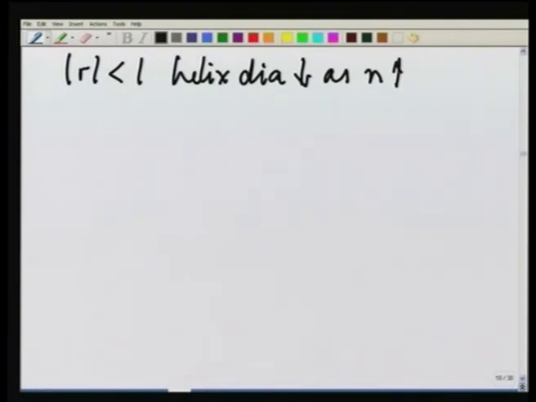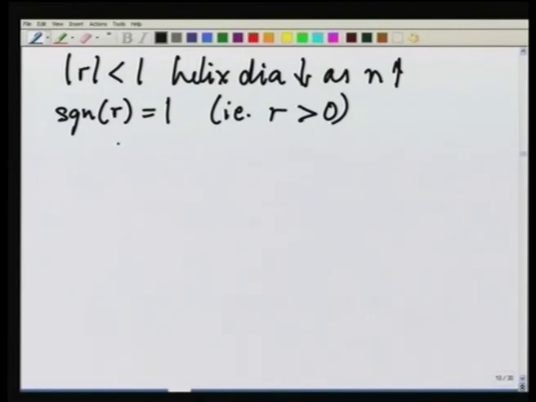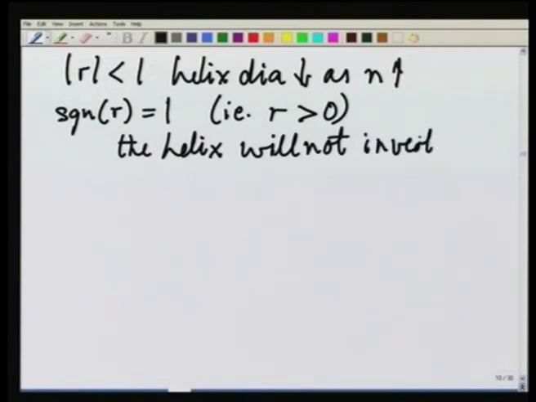Finally, if sign of r is equal to 1, that is if r is greater than 0, then the helix will not invert alternate samples.